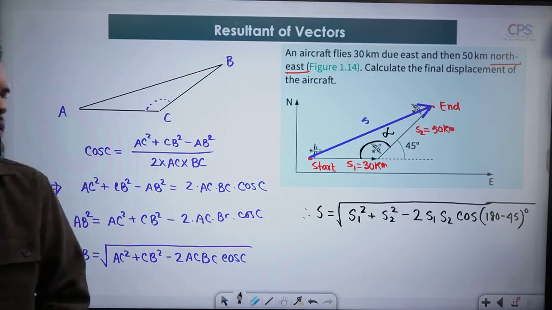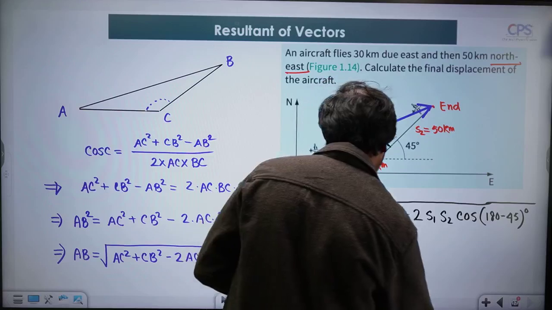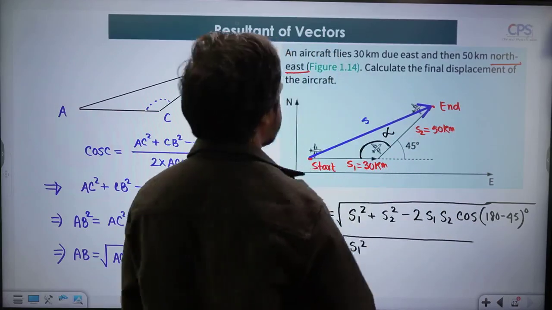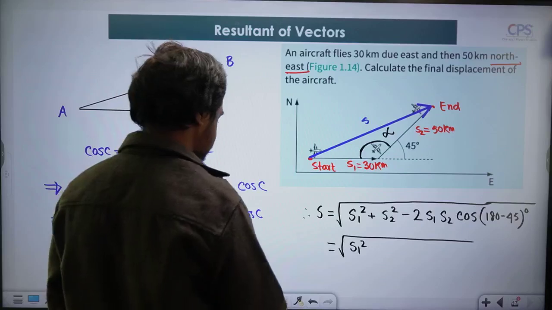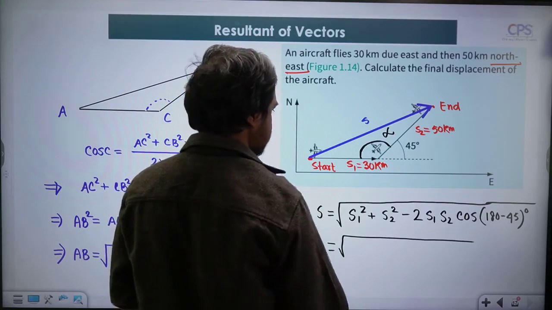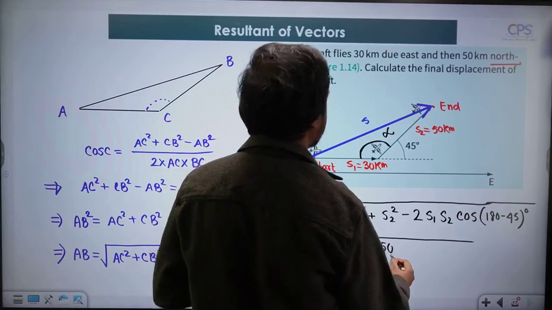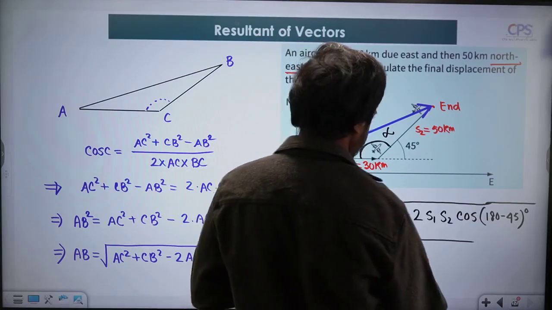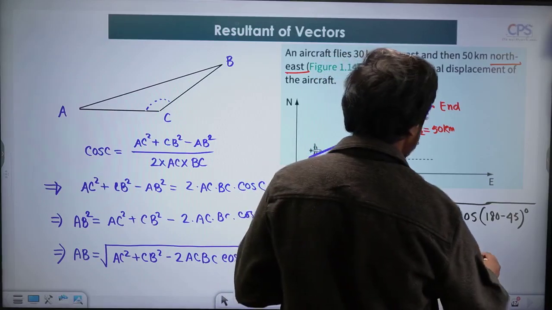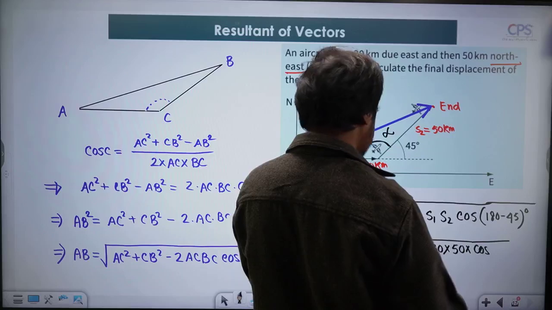Let's do it. So root over S1 square, which is 30 square, plus 50 square, minus 2 times 30 times 50 cos of 180 minus 45.